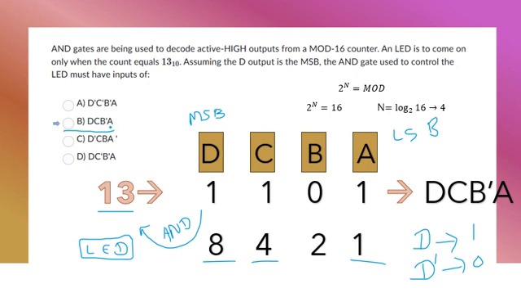So 8, 4, and 1 will give you 13 for decoding, for the human readable value. Now this is your state output on your flip-flops, on your circuit right there. It can be represented with your binary number 1101, state D, C, not B, and A. That is your logic. Alright, so that's the answer.